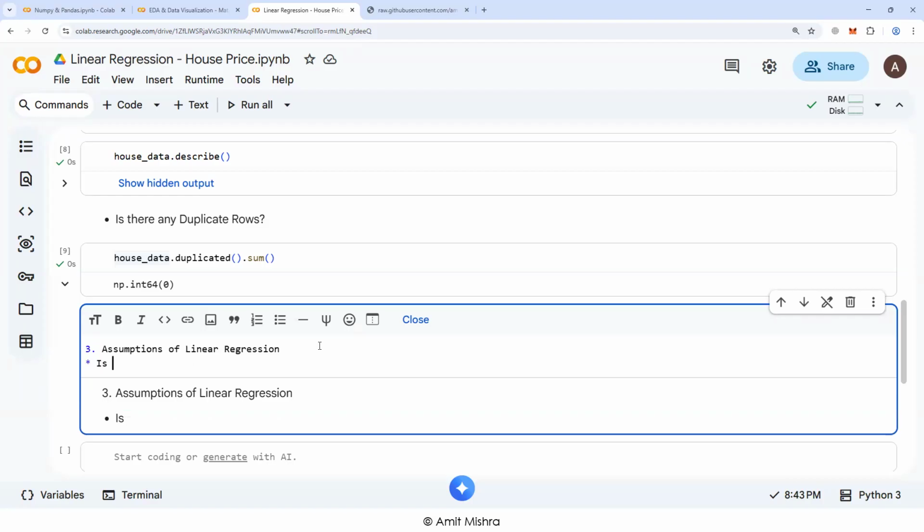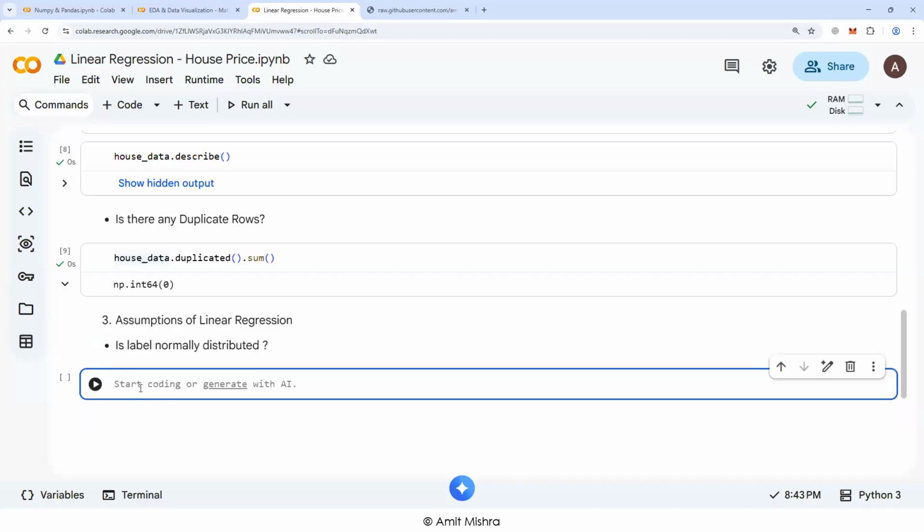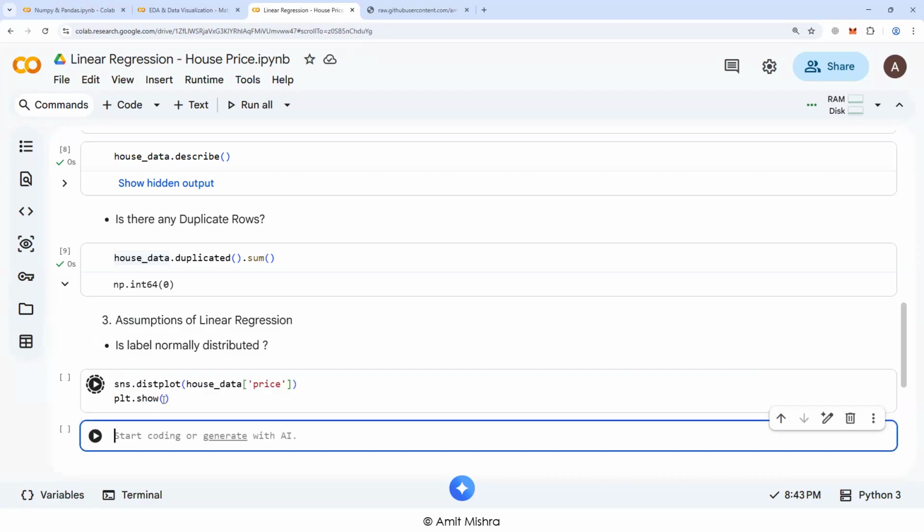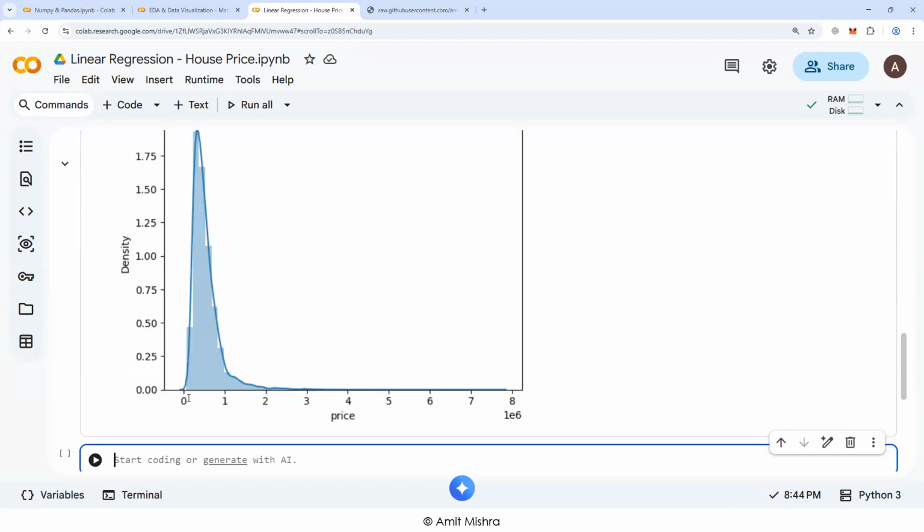We start with the assumptions of linear regression, and we check it with: is the label normally distributed? We check if your label is normally distributed. So we use sns dot distplot, and we compare if my house price data is showing the sign of normality. So one plot is distplot.